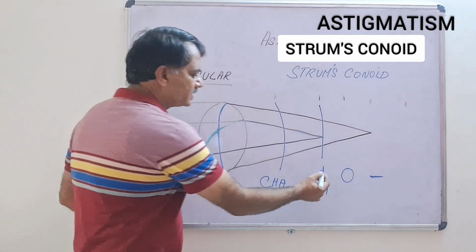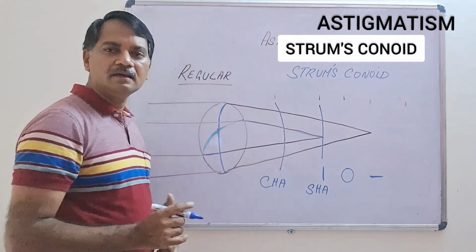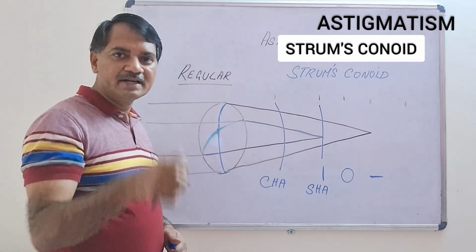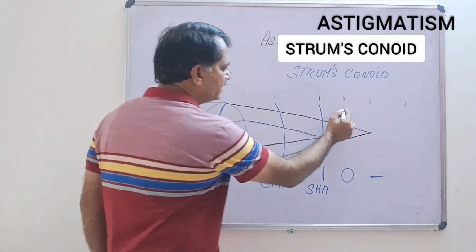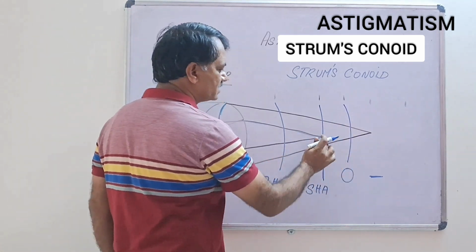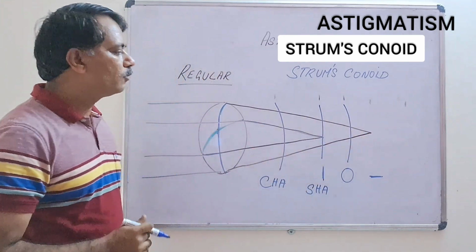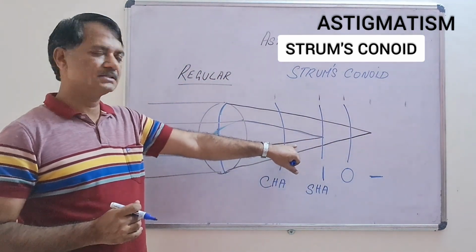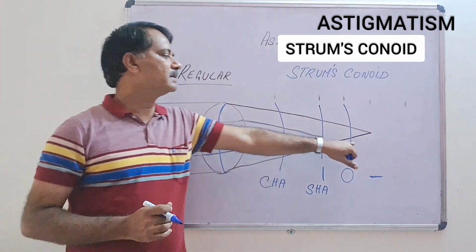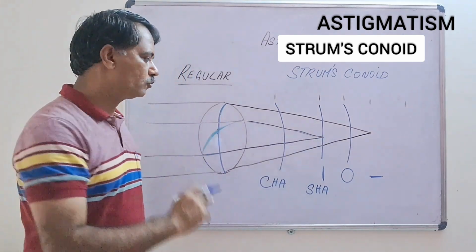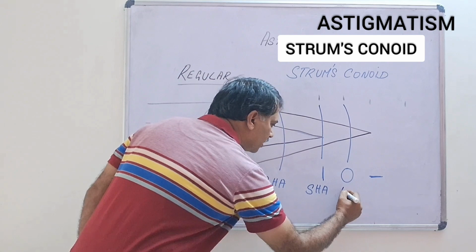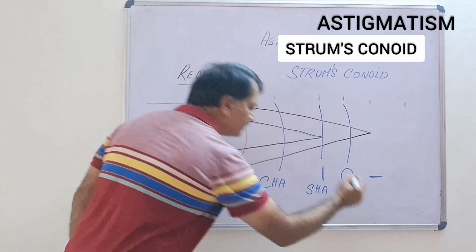Here the focal line will be vertical. If the retina is at this position, between the two focal points, then one group of rays are myopic, another group of rays are hypermetropic. So this is called mixed astigmatism.